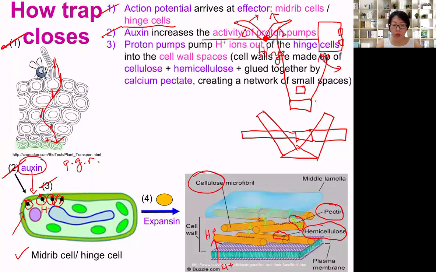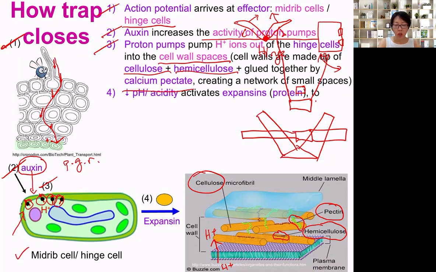So the proton pump pumps protons out of the hinge cells into the cell wall spaces, where cell walls are made of cellulose, hemicellulose, and glued together by pectin. They call the pectin calcium pectate. Because of the H+ ions in the cell wall, this will reduce the pH, or increase the acidity.